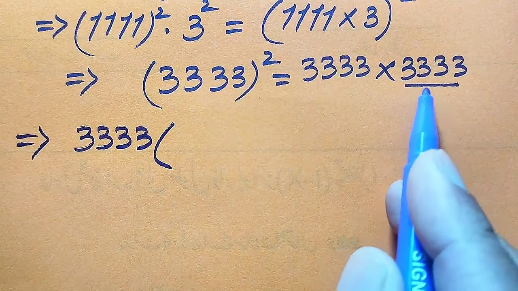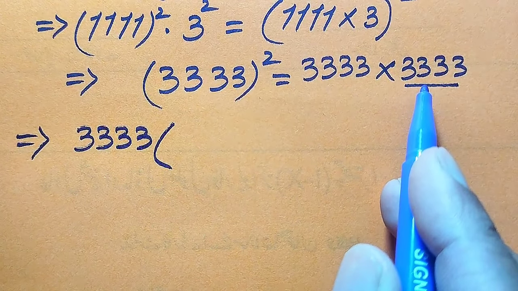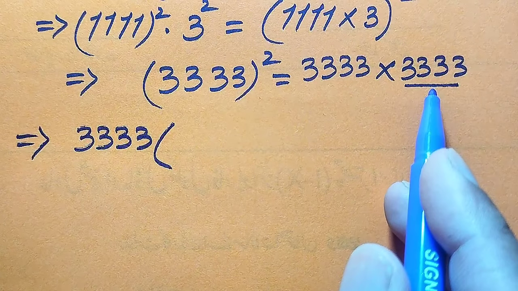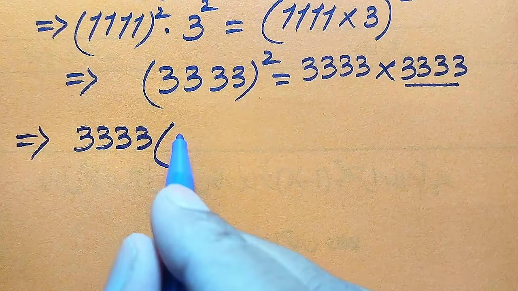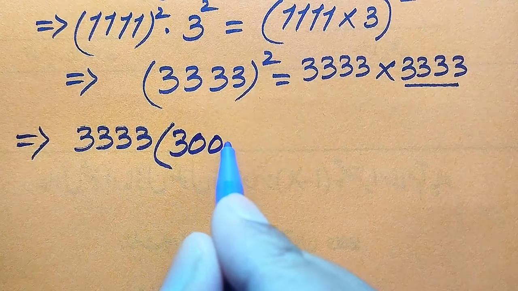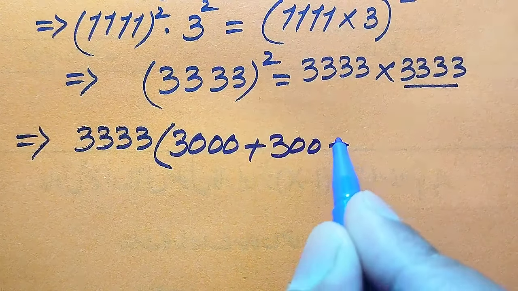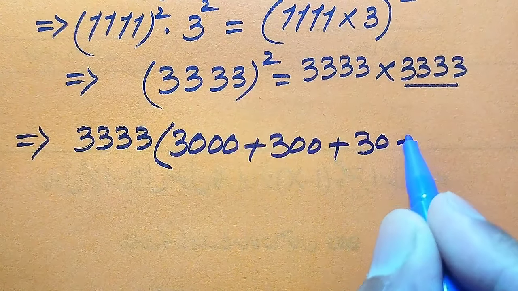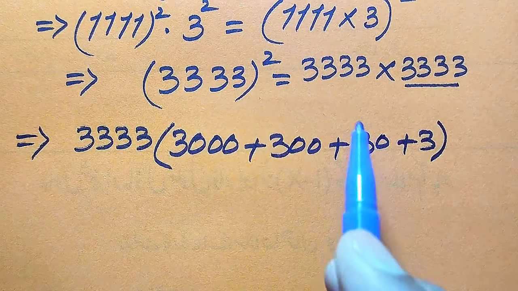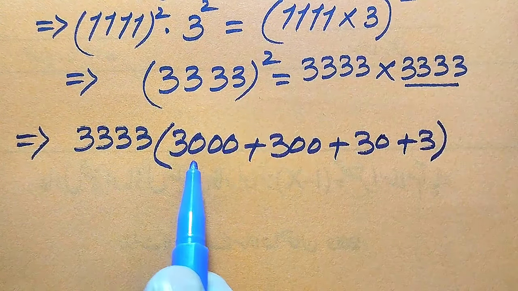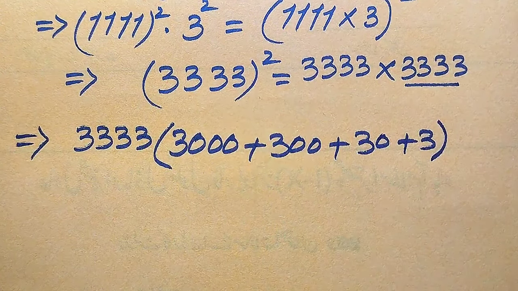3333 into, we break this value into thousands, hundreds, tens and ones form. When you break it, it is written as 3000 plus 300 plus 30, and at the last 3.